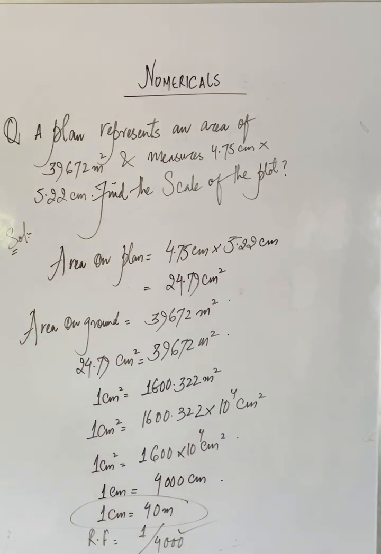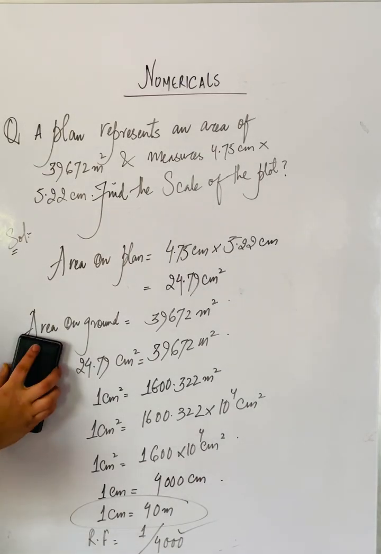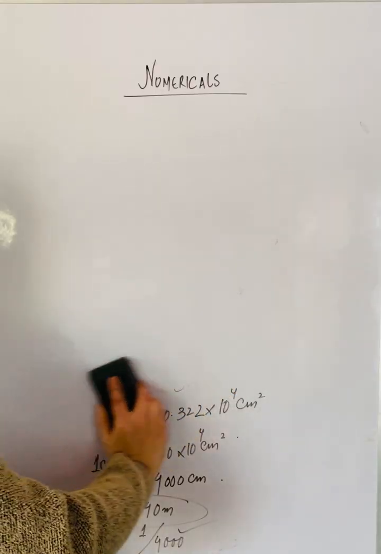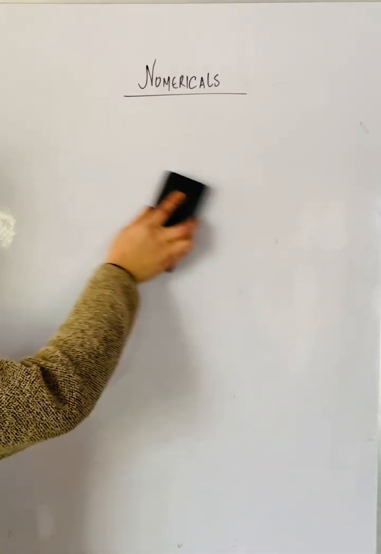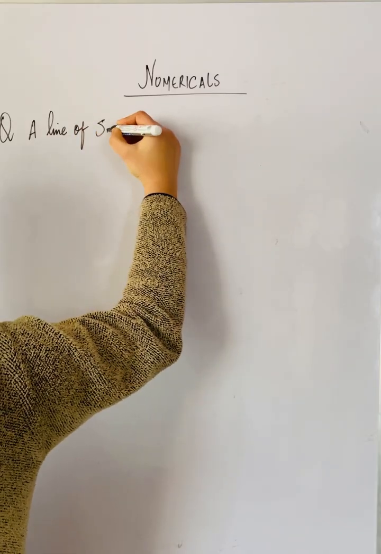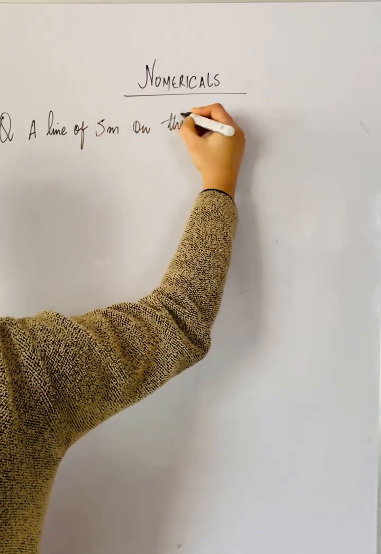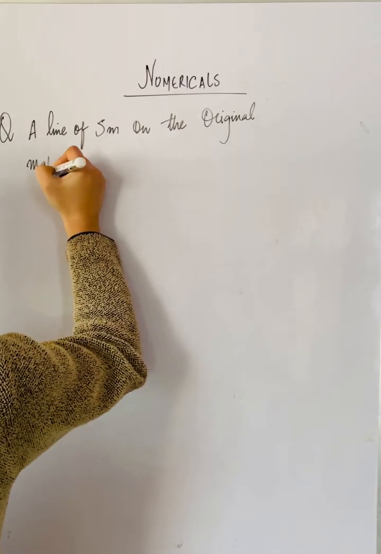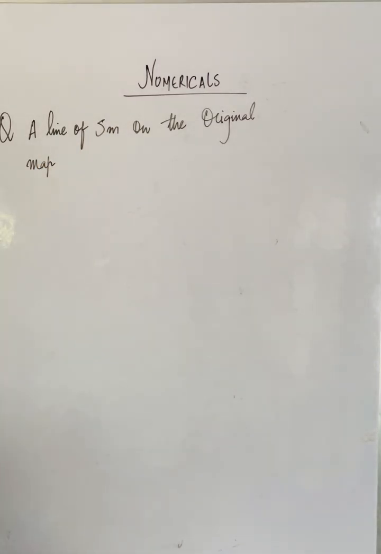Let's try to solve another question. So the next question is, a line of 5 meters on the original map is shrunk to 4.6 meters.